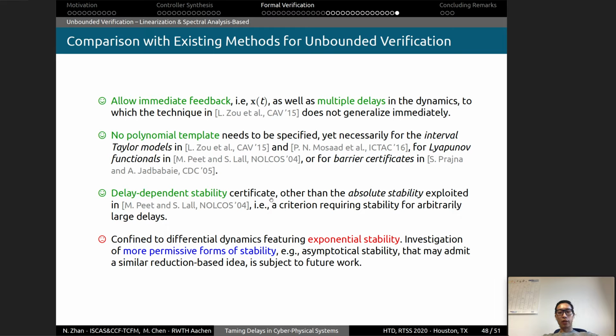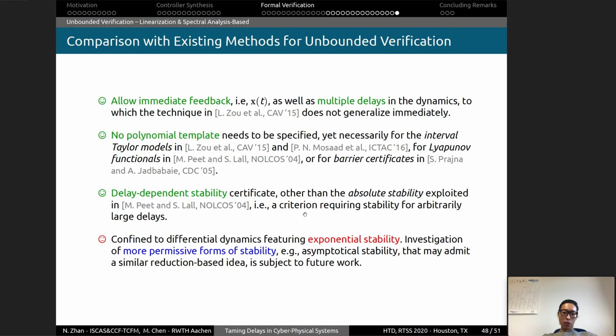Other than that, there are some other existing results which assume absolute stability. That is a rather restricted condition on the original system that have to guarantee stability for any arbitrary larger delays. And this is often a non-practical assumption.